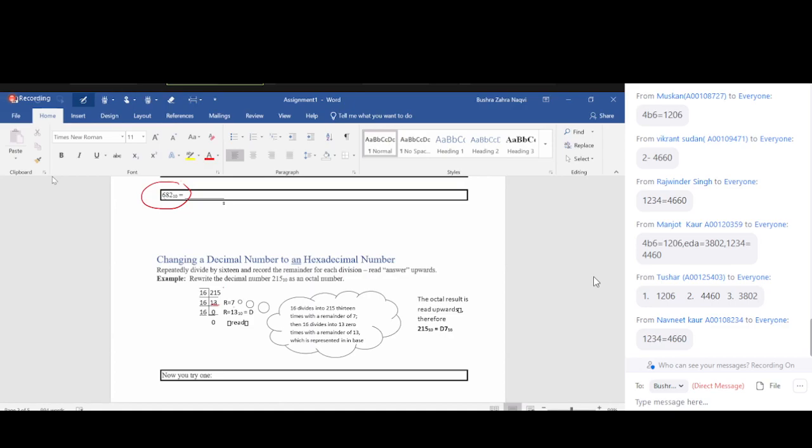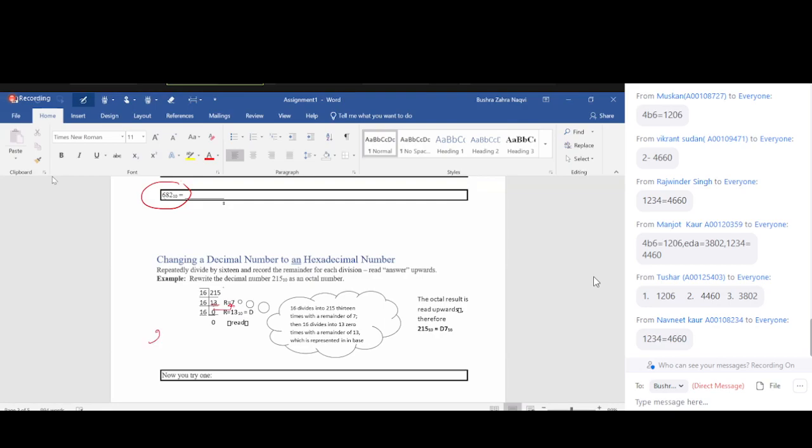This is the quotient, this is the remainder. So 215 divided by 16, it goes 13 times. So what is the remainder? 7. As you cannot go further, you're going to read like this, 13 7.